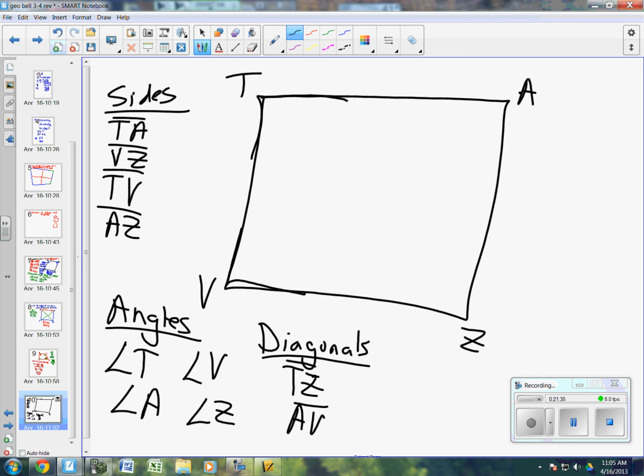Well, they're not the same, because my non-consecutive vertices are T and Z and A and V, right? However, my diagonals are going to have the same letters in there. If I connect TZ, then it's a segment. The diagonal is a segment, TZ and AV. So this one just is asking you to name 2 points. This one's asking you to connect the 2 points to make a segment, okay?